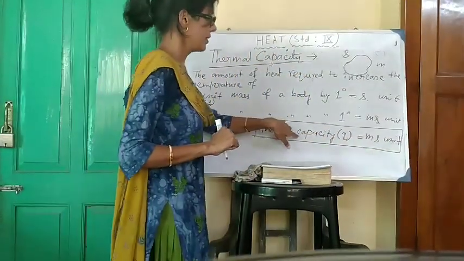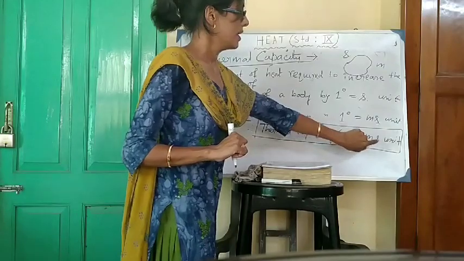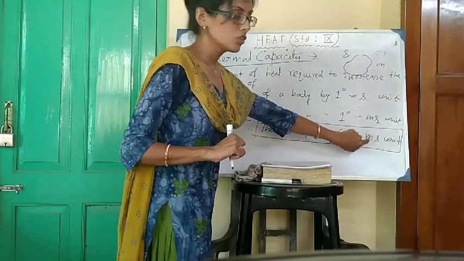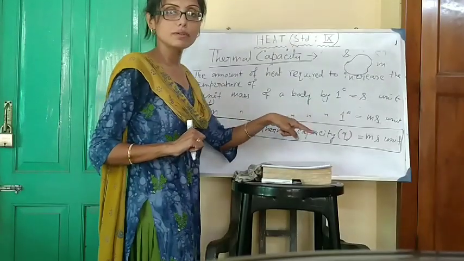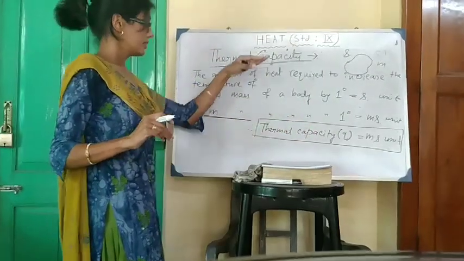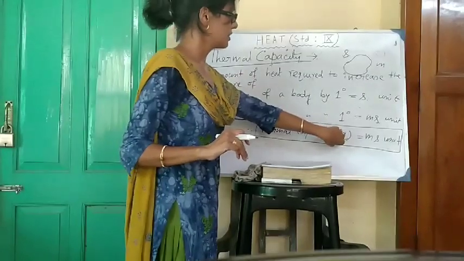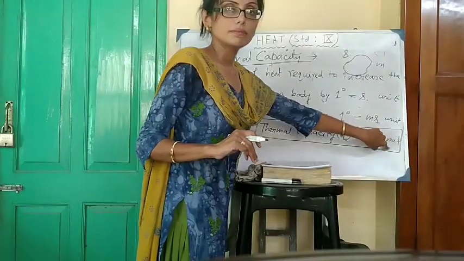The amount of heat required to increase the temperature of any arbitrary mass of the body by 1 degree centigrade is nothing but the thermal capacity of the body. From the calculation, we got that thermal capacity is equal to ms unit.